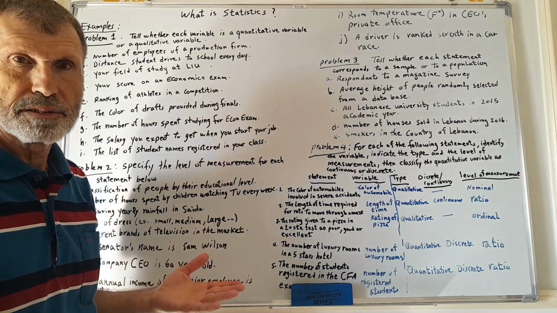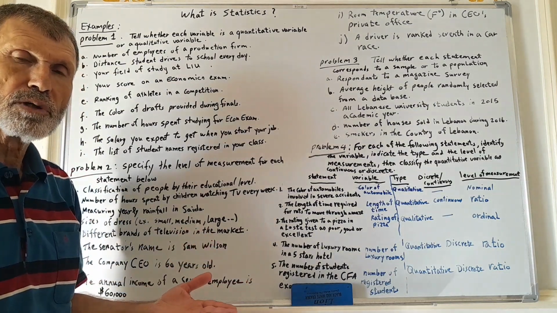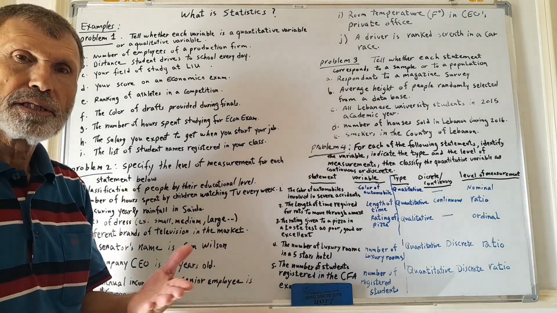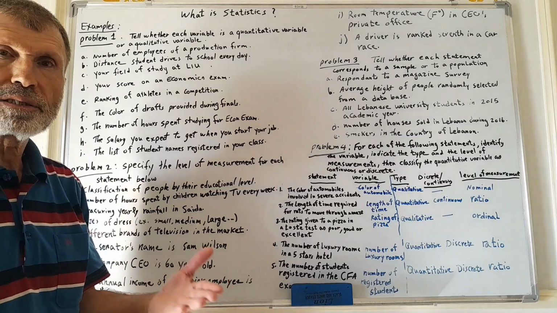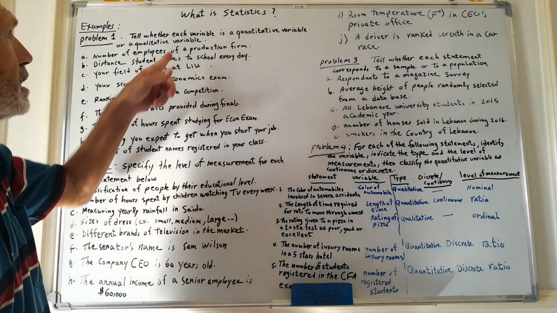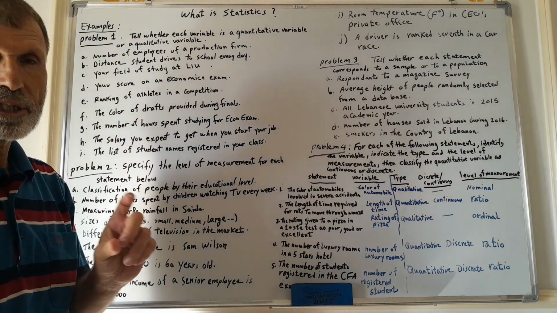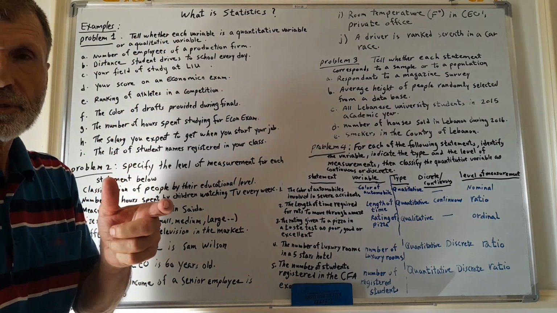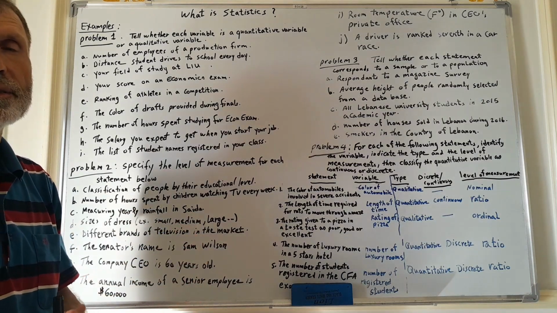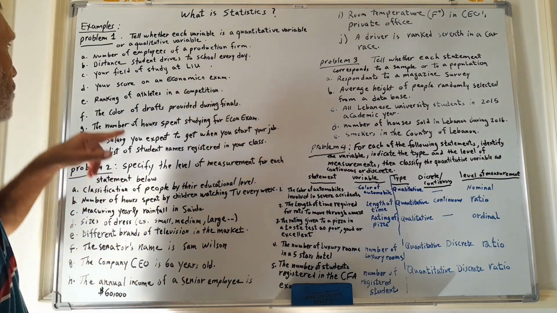What do you study in the School of Business? It's accounting, business management, information systems, or economics. So it is qualitative because it is about an attribute. It's not reported numerically, so it is a qualitative variable.